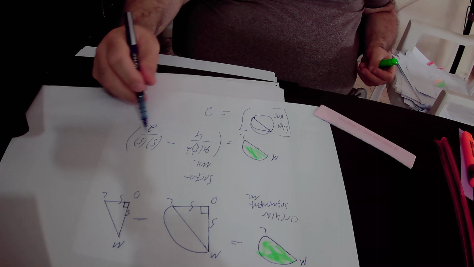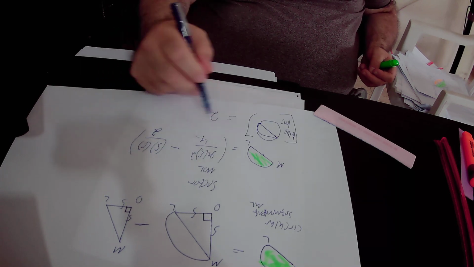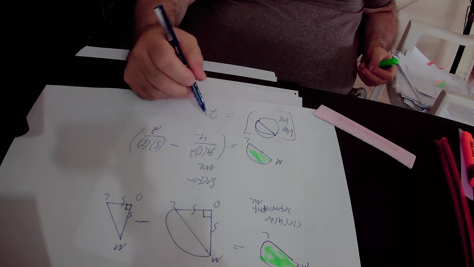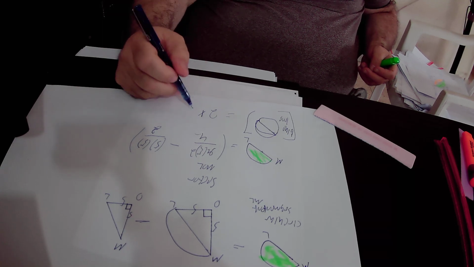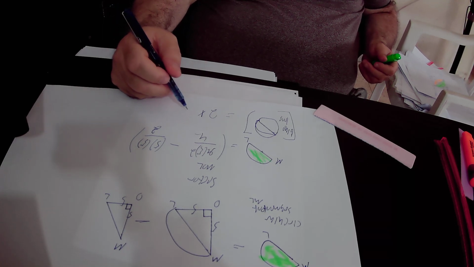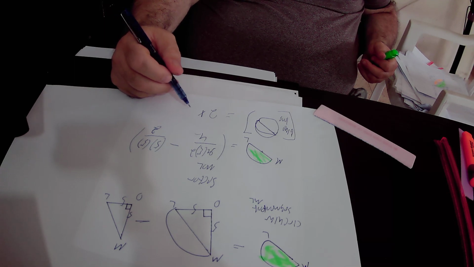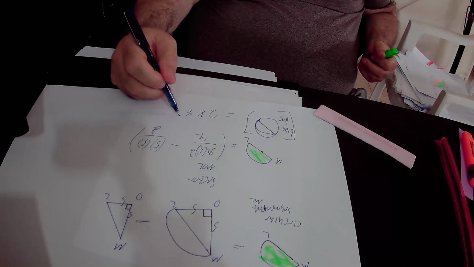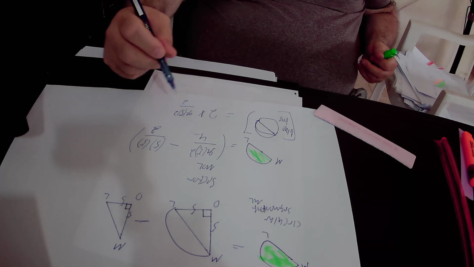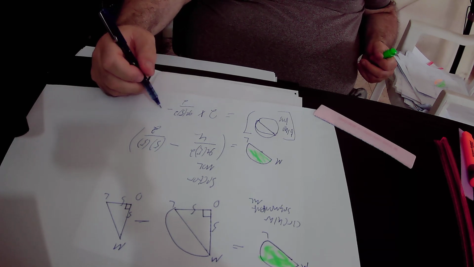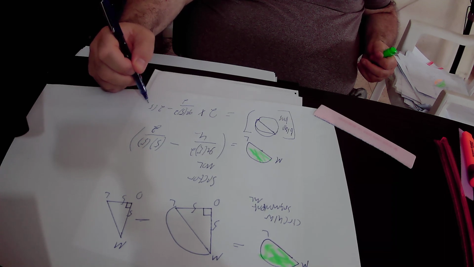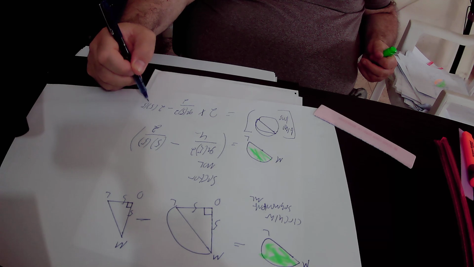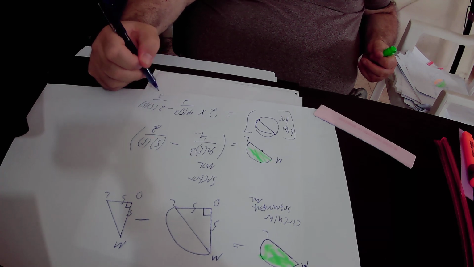2 times this expression. So it is 2 times pi times 5 squared over 4, and here we have 2 times 5 times 5 over 2.